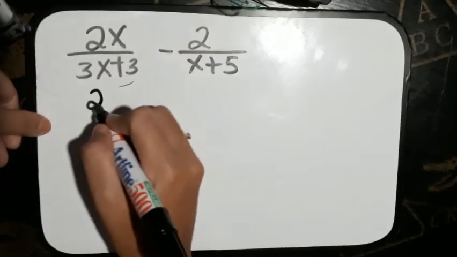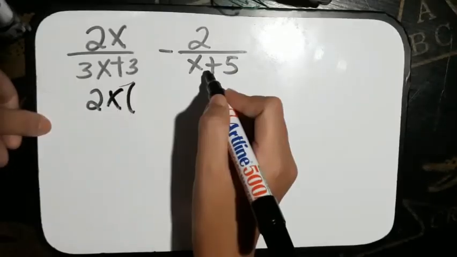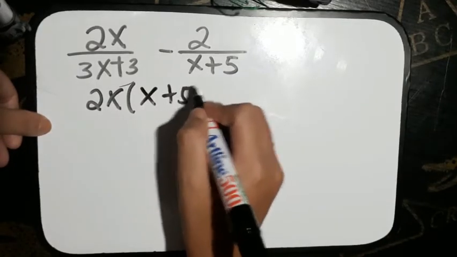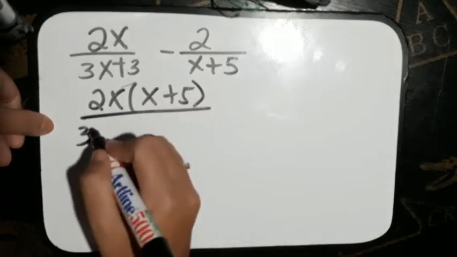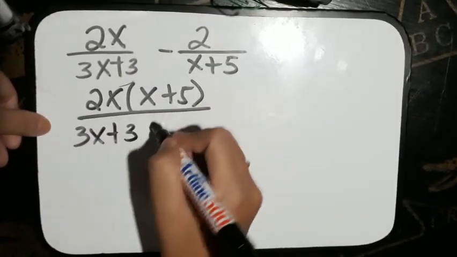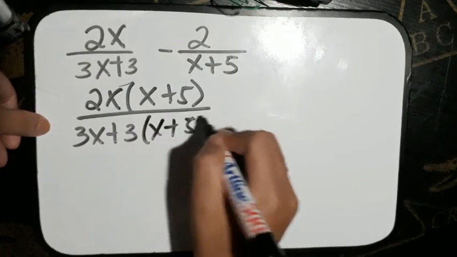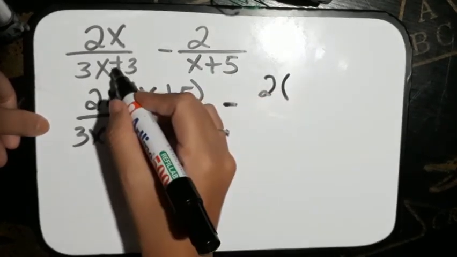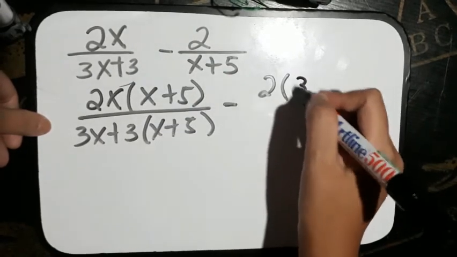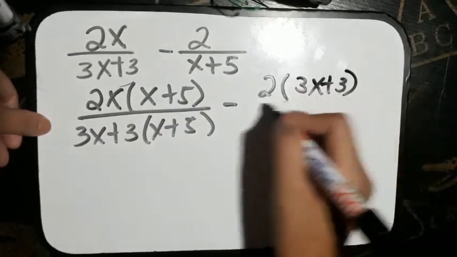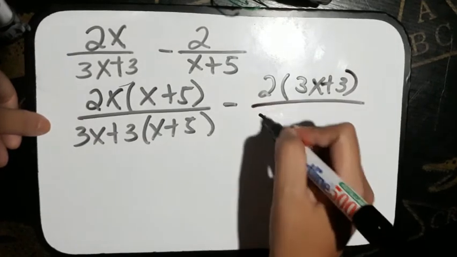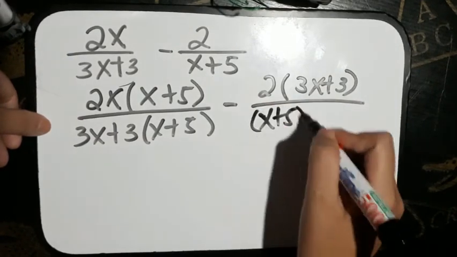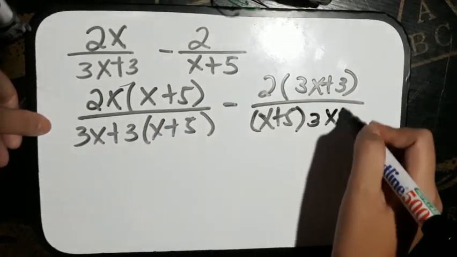So this will become 2x times x plus 5 over 3x plus 3 times x plus 5 minus 2 times 3x plus 3 over x plus 5 times 3x plus 3.